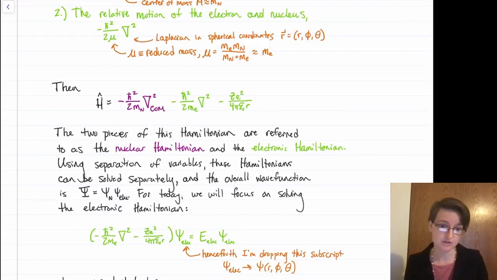The energy is just describing how the electron is related to the nucleus, but after this point, I'm going to drop those subscripts, and you're just going to see me start to talk about psi with the coordinates r, phi, and theta, where now we can understand that those are relative coordinates, or if you like, we're basically assuming that our nucleus is fixed at the origin and asking how the electron is positioned with respect to that nuclear origin and what the wave function looks like and how it changes as a function of those internal coordinates.